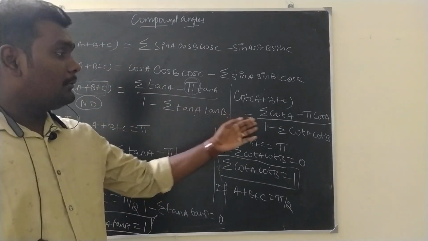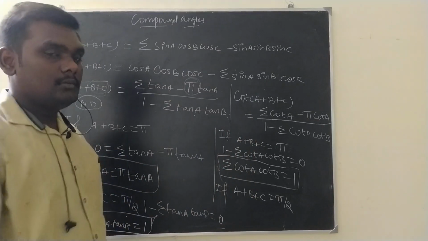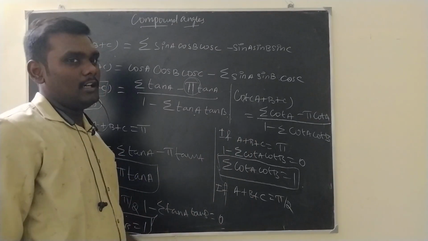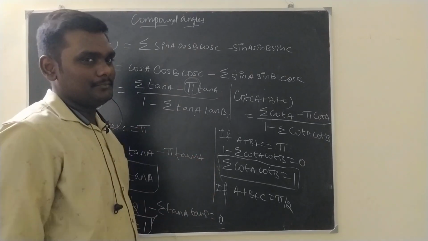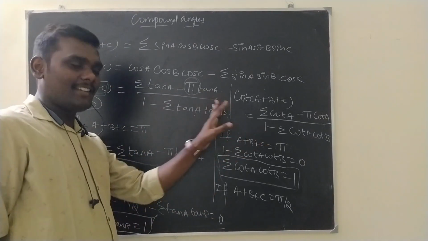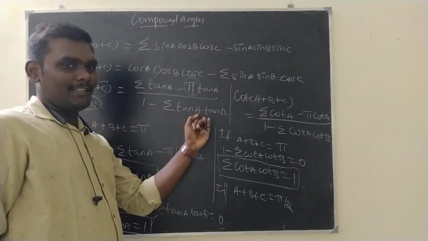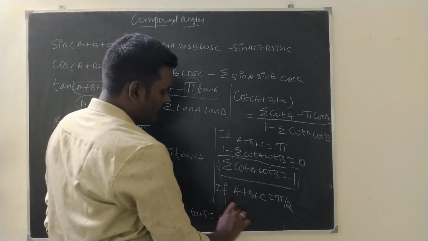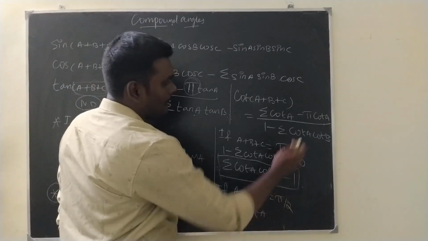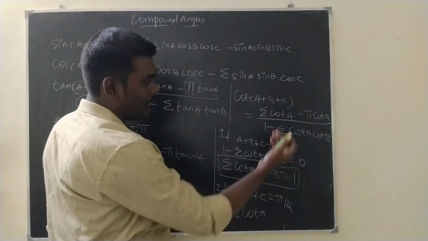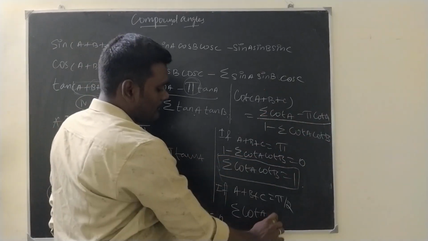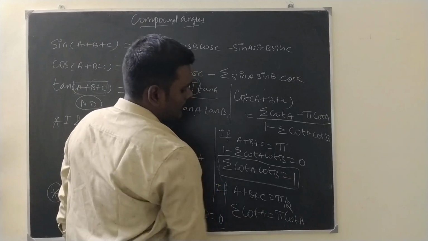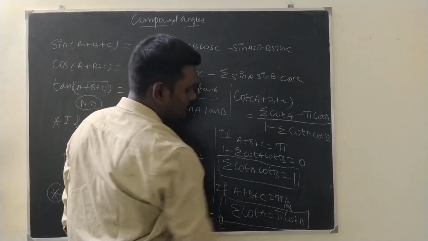Zero. 0 means the numerator is 0. Here 0 will come on the left hand side. So the numerator equals 0, which means the sigma cot A minus product over cot A will be equal to 0, then that will be transposed to the other side, then product over cot A. This is the result.